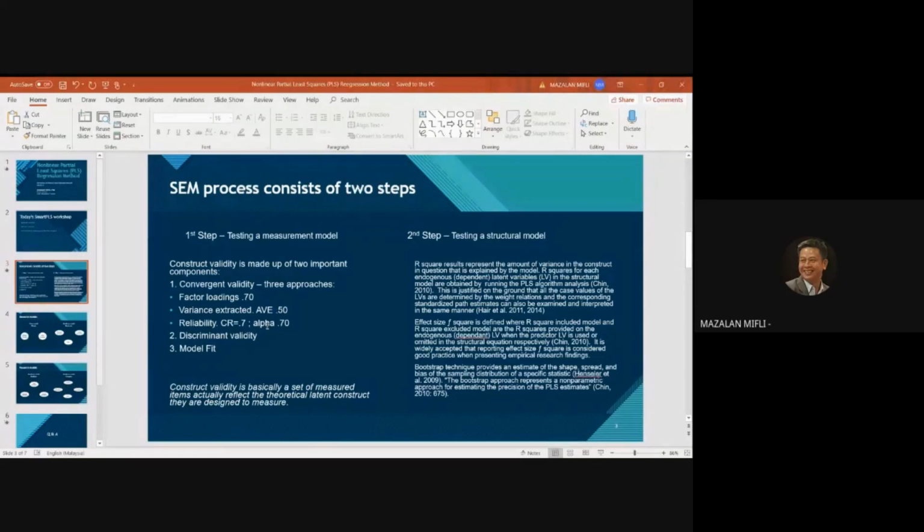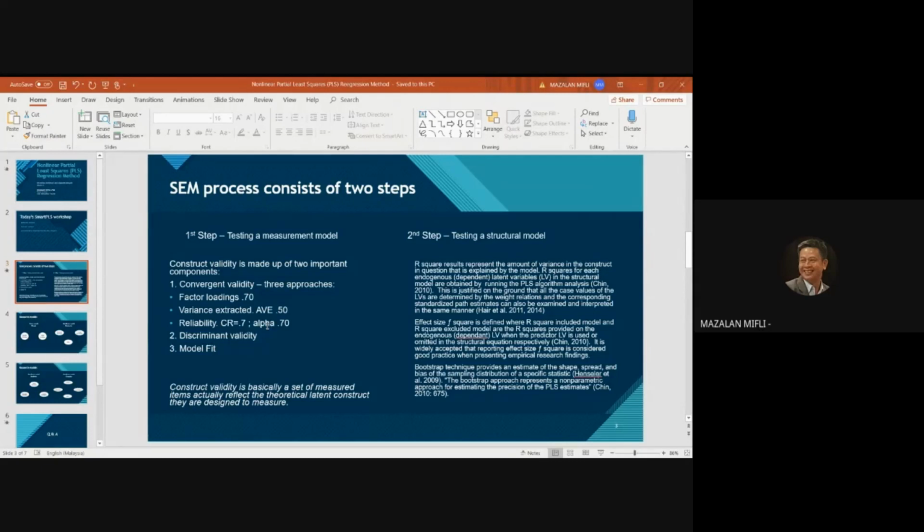But now with PLS3, you also should look at the HTMT values to ensure that none of the values overshoot a value of 1. As long as it is below 1, you are not violating the discriminant validity.